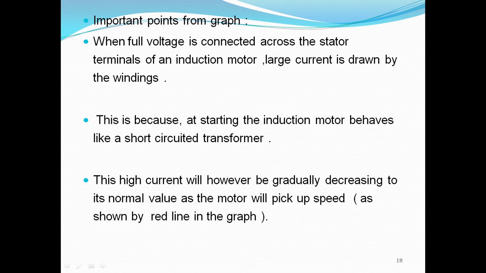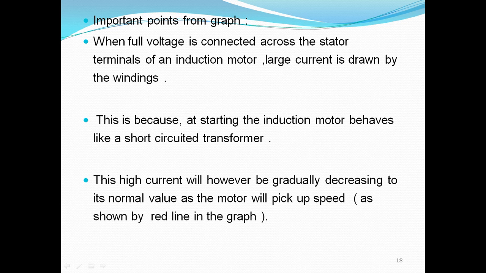This high current will however gradually decrease to its normal value as the motor picks up speed. So this is the current drawn by the motor when started direct online, that means full voltage is applied.